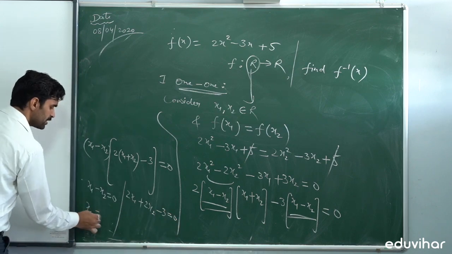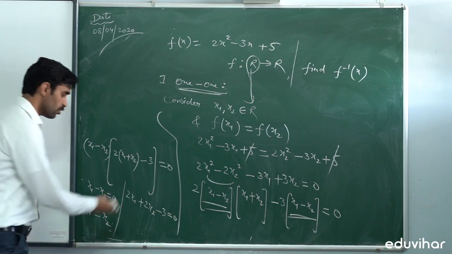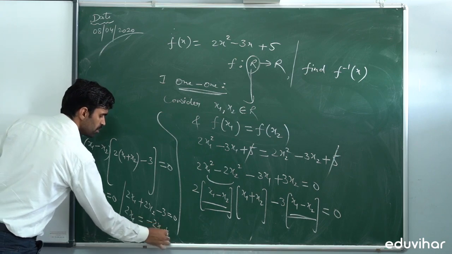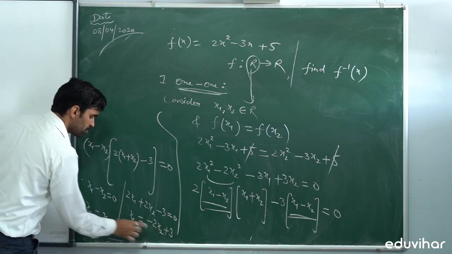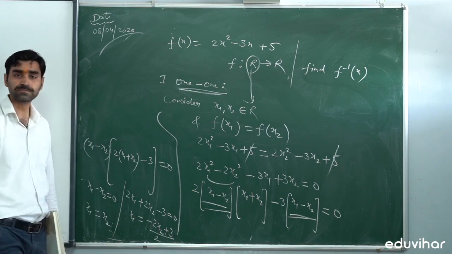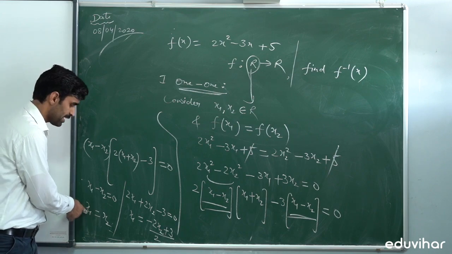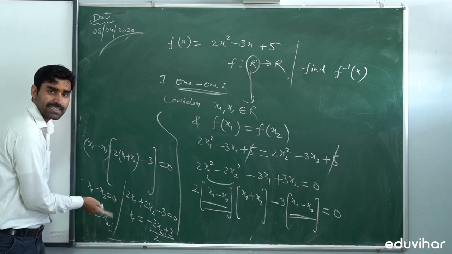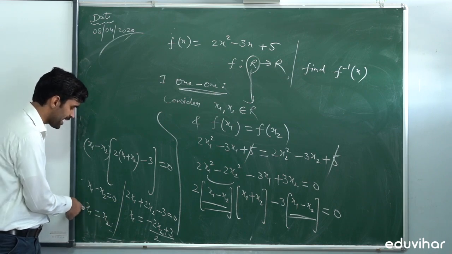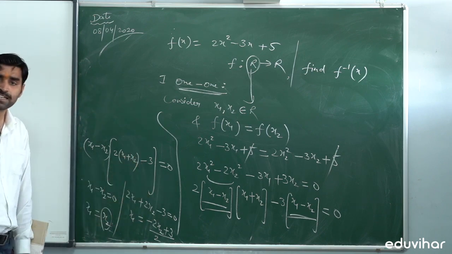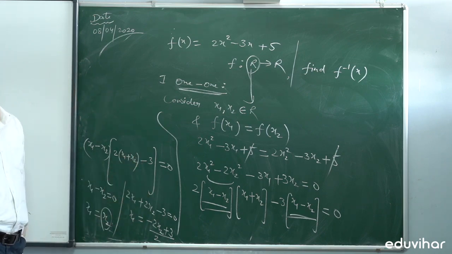We can say x1 = x2, or 2x1 = -2x2 + 3, so x1 = (-2x2 + 3)/2. Here x1 has the image x2 and also x1 has the image (-2x2 + 3)/2. So this type of function is not 1-1, and its inverse does not exist here.